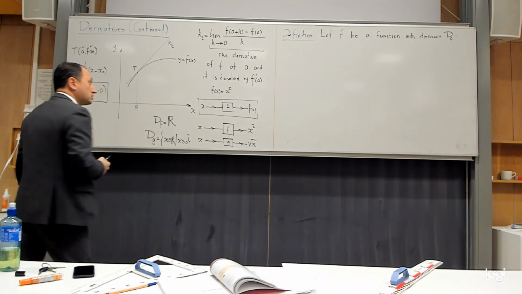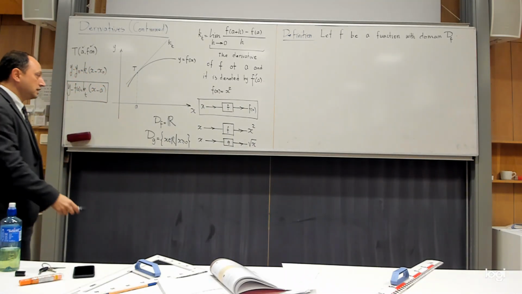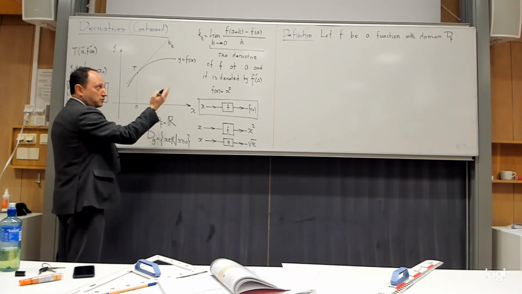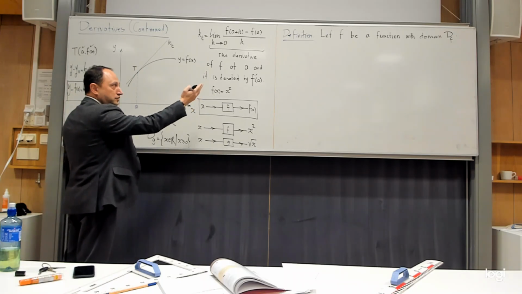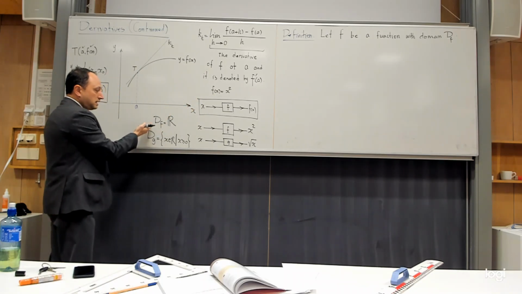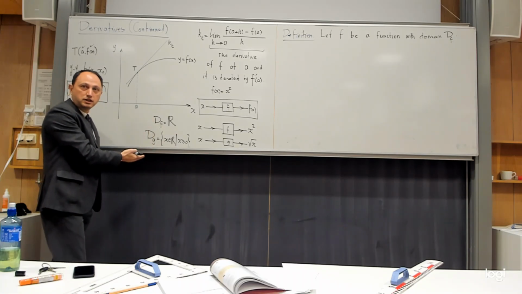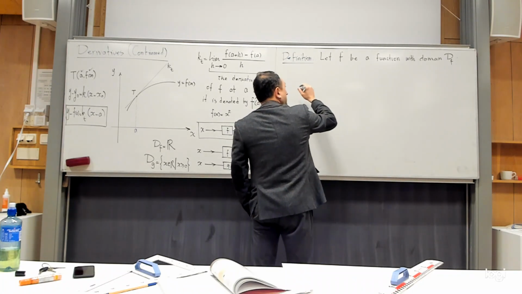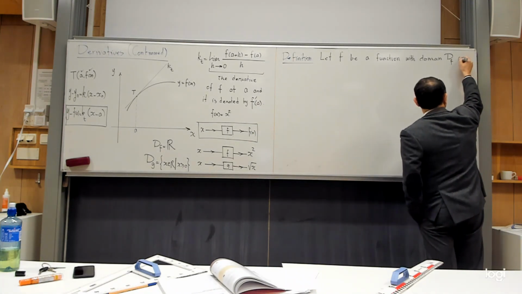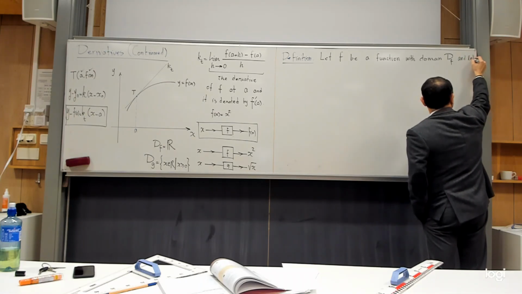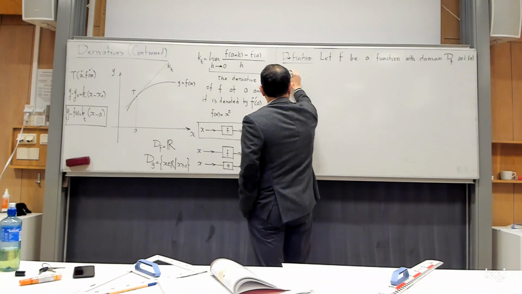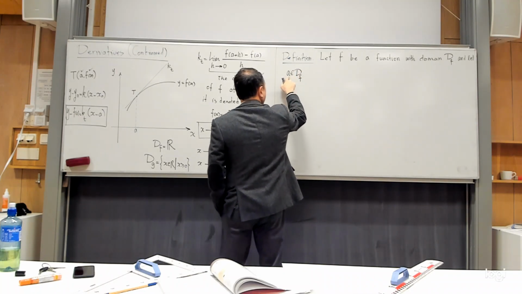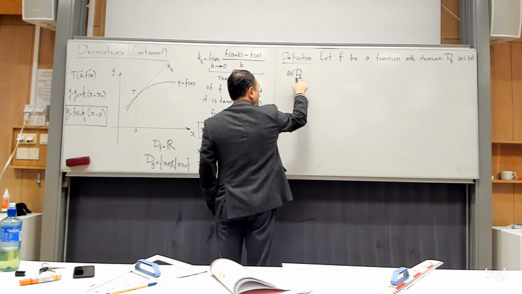Here, what I am telling you is that it's not that important for you. I don't want you to be disturbed by this notion, but if I want to write the definition precisely, I have to introduce the domain of the function, and you understand what the domain of the function is, yes? So let f be a function with domain D sub f, and let a be a number in the domain. I hope you don't have any problems reading this: it means a belongs to the domain of the function, yes?